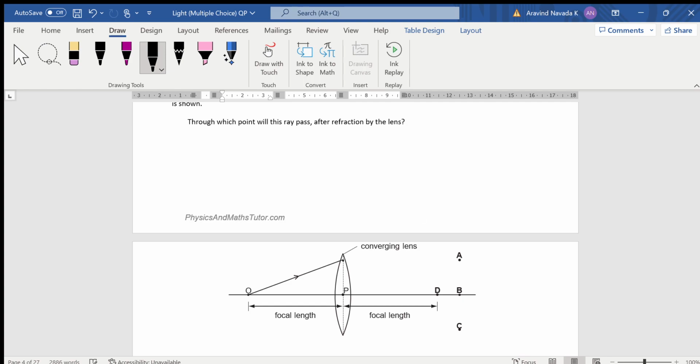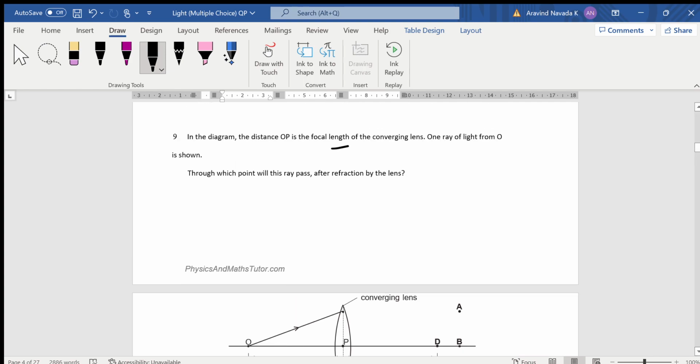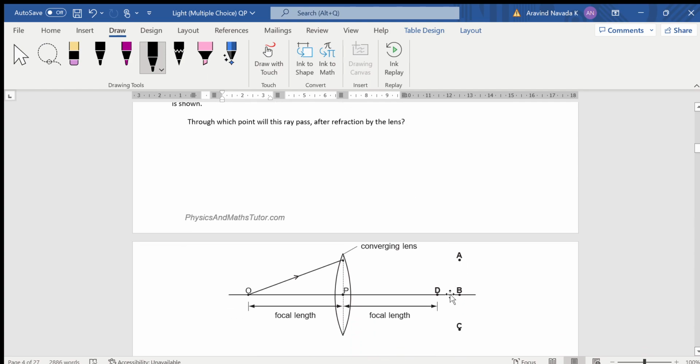Alright, this is a very interesting question. OP is the focal length. One ray of light from O is shown. It's going to pass through A. Now students will think it passes to D, but that is incorrect. Why is this?